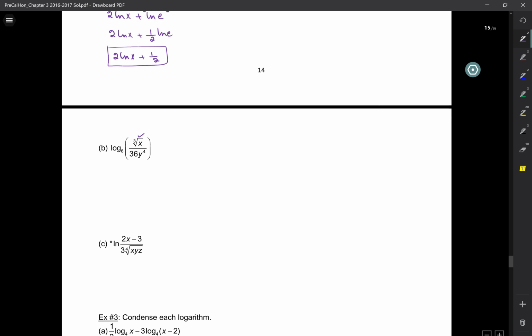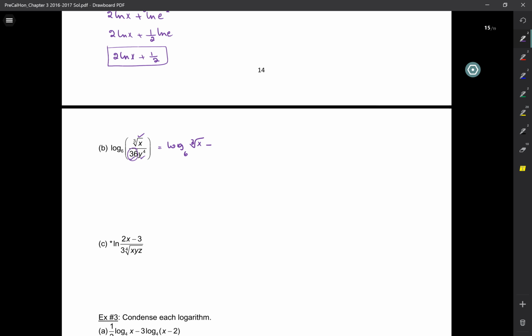Well, I have 1 here, 2, 3. So when I expand, this is going to expand to 3 different logarithms. So let's go ahead and do that. This is log base 6 cube root of x. Now, whatever is in the denominator will get a minus sign. So the way I see it is, if the 36 is in the denominator, it lives downstairs.